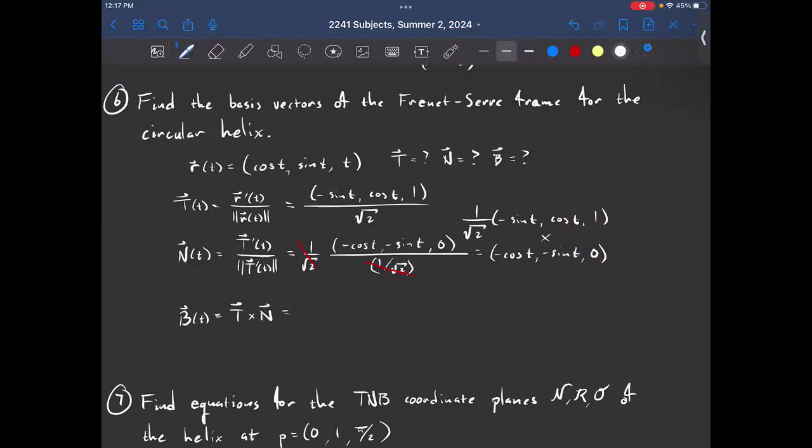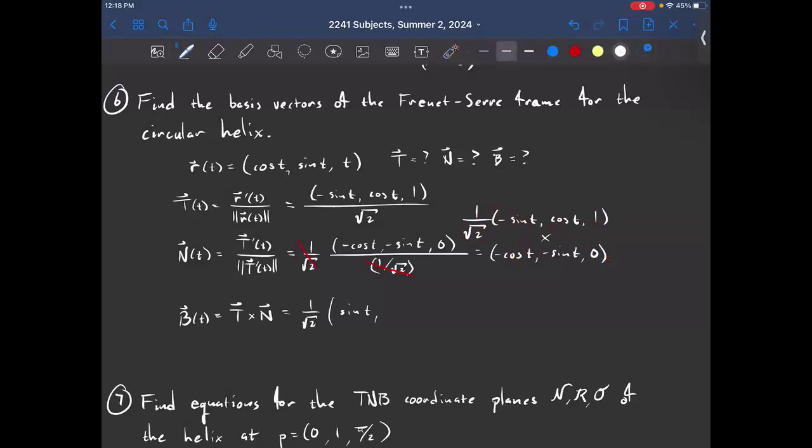Okay, so we'll have sine, and this 1 over root 2 I'll just keep out front for later. So our first coordinate is sine of t, and then our second coordinate is going to be minus cosine times 0, or minus 0.